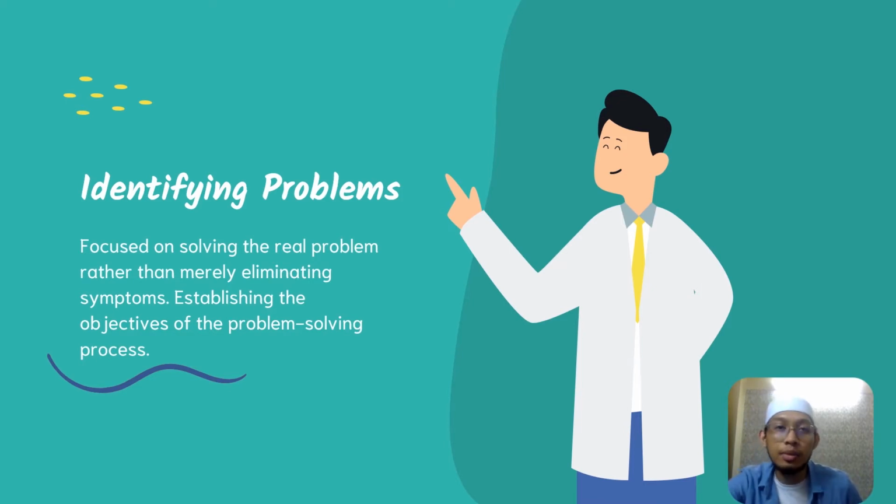In identifying problems, we need to find the real problem instead of merely unrelated problems. So we will move on to the concept that is introduced by the author on identifying problems.